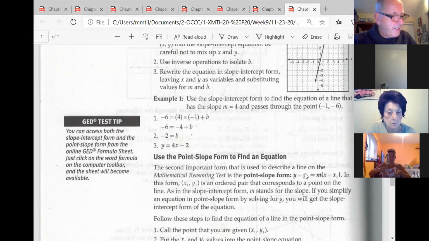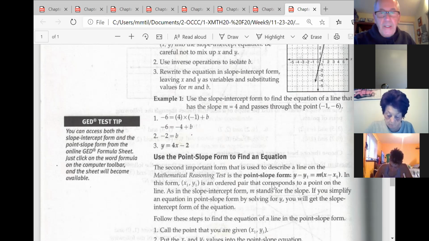So the first is y equals mx plus b. That's slope intercept. And the second is y minus y1 is equal to m times x minus x1. That's called point slope form. If I put the x on this side, that's what m is equal to delta y over delta x.